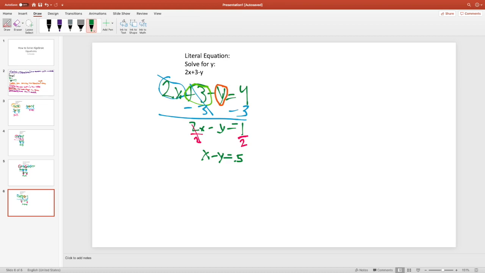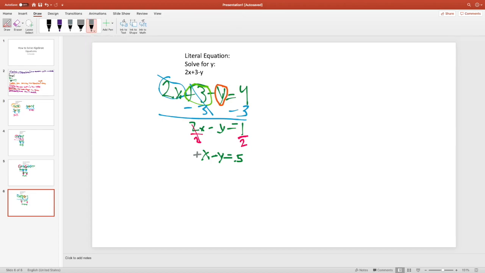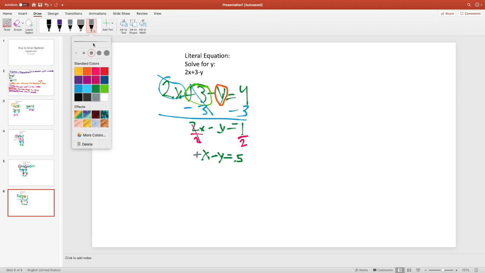Now we have to isolate y. Actually, never mind, we leave that there. So first we have to subtract x from both sides, because remember, even if there's no symbol next to it, it's a plus.